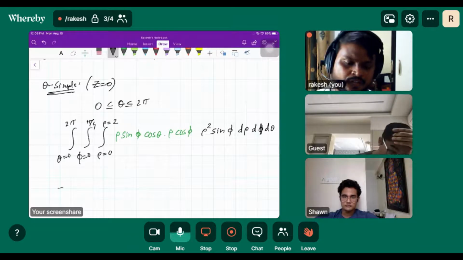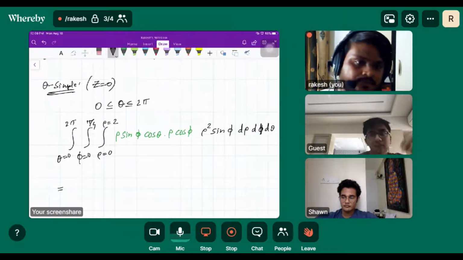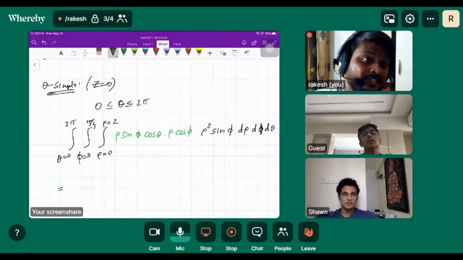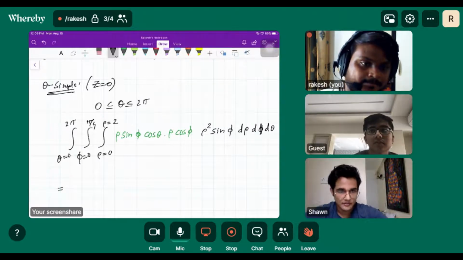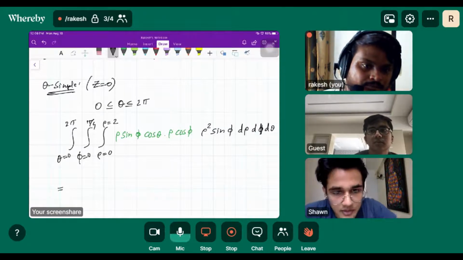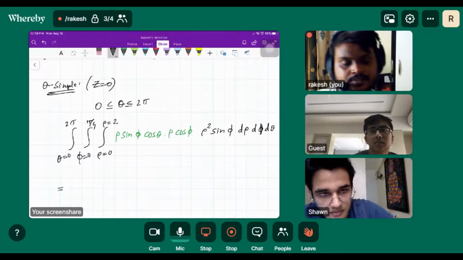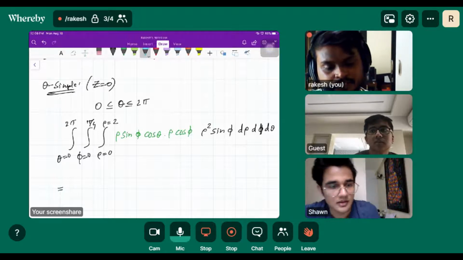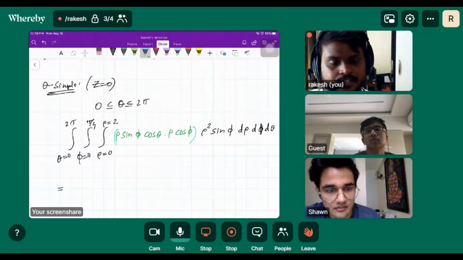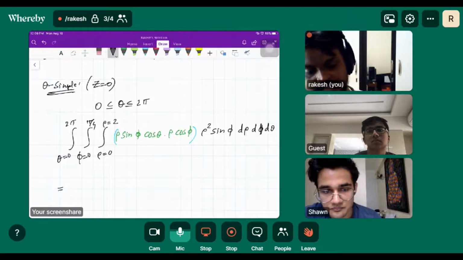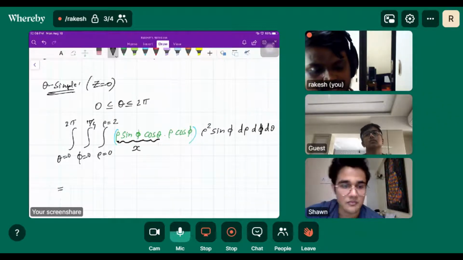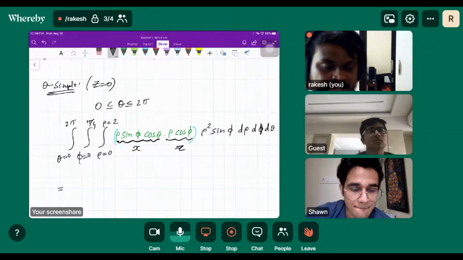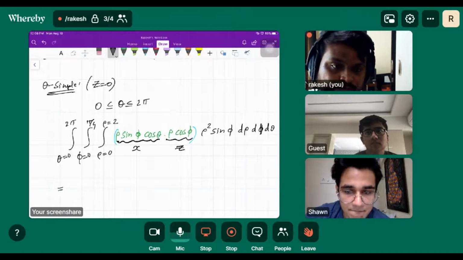So, what answer do you expect here? We are not figuring out volume or anything else. Can you re-explain how you got this? Yeah, this is x. We have to write x and z here, right? That's the given function in the question.